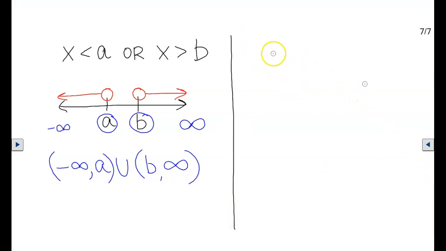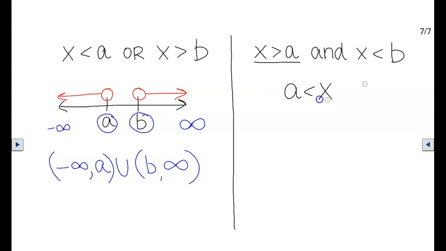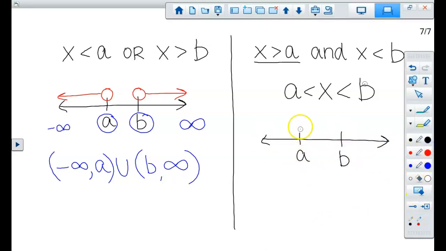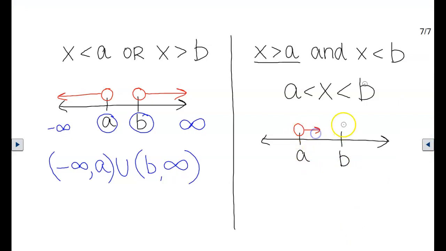Then we come over here. You can have x is greater than A and x is less than B. That can be condensed. We take this and reverse it. Instead of x greater than A, we put A less than x. And then that will allow us here to just attach the x is less than B. Open circle on A, go right.